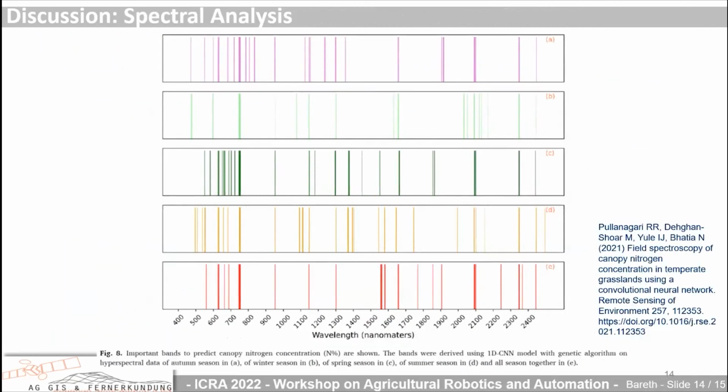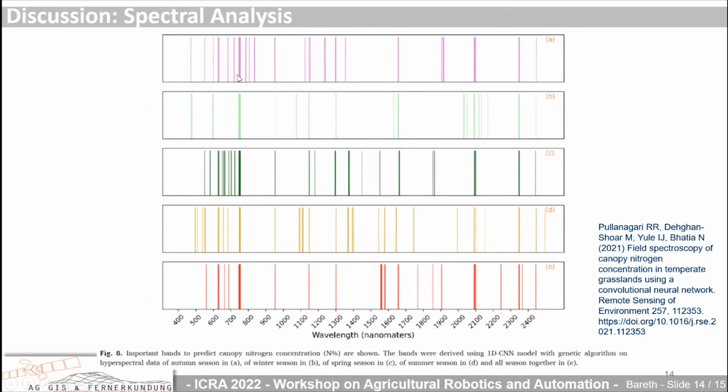Now coming back to nitrogen, this is a figure showing, for different growing stages, the important absorbing wavelengths for nitrogen concentration in temperate grassland.